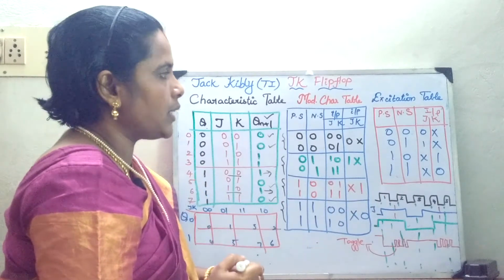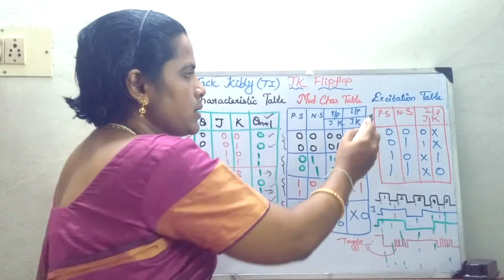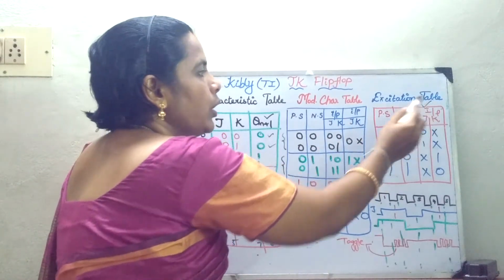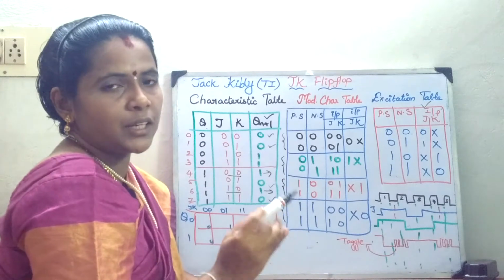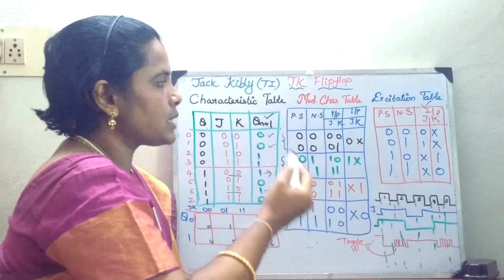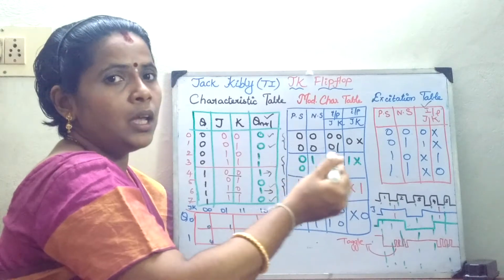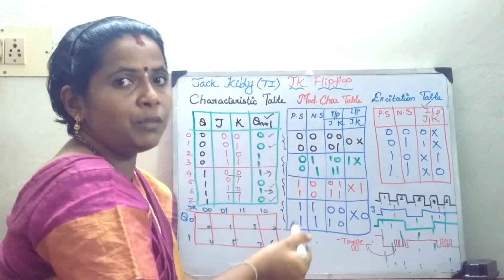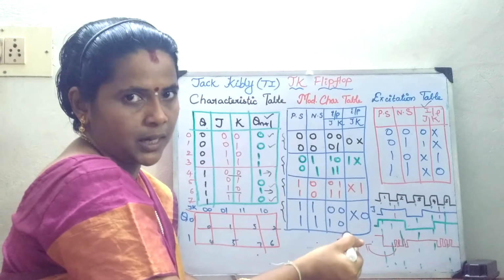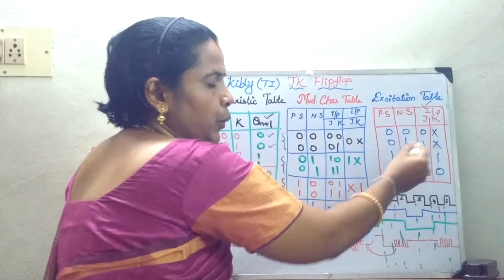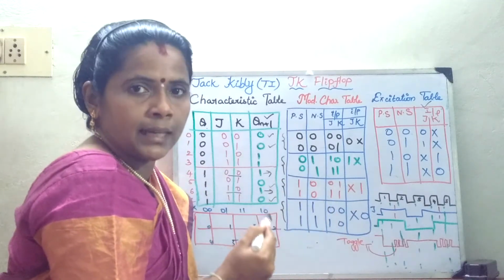So, what is an excitation table? When the present state and the next state are given, if you are going to compute your inputs, that is your excitation table. That is, whenever a transition is caused from the present state to the next state, the inputs you compute for it give the excitation table.